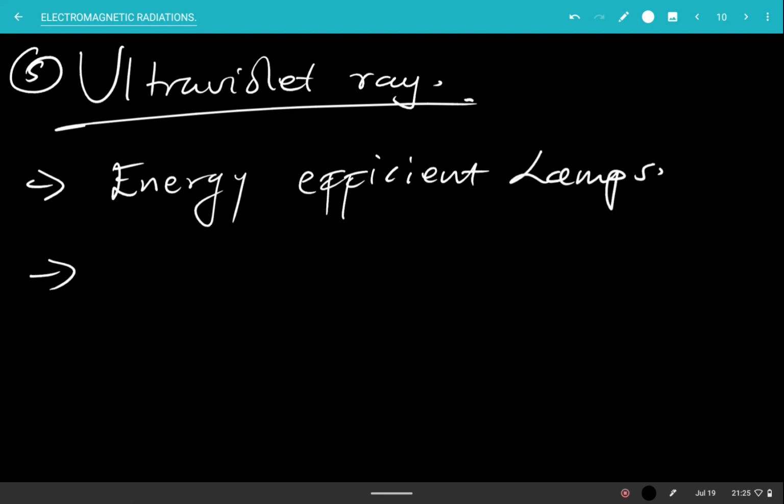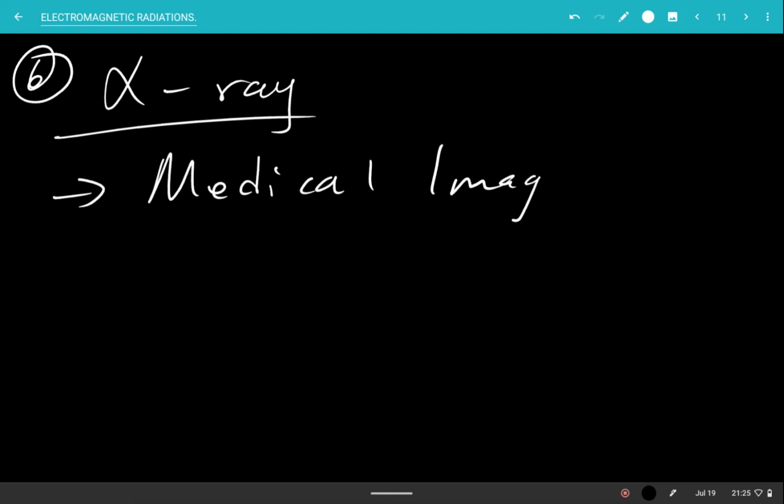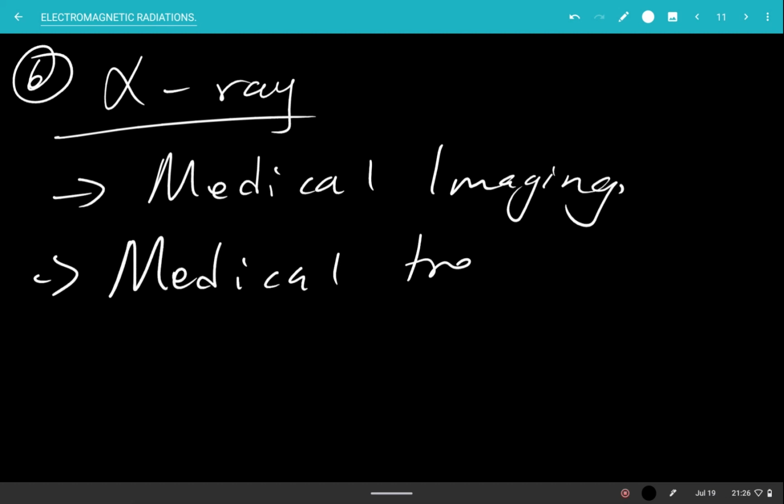Then not just that, they're also used for sun tanning. All right, now after that, we're going to look at the sixth one, which is the X-ray. X-rays are used for medical imaging and treatment. So we can also look at medical treatment.